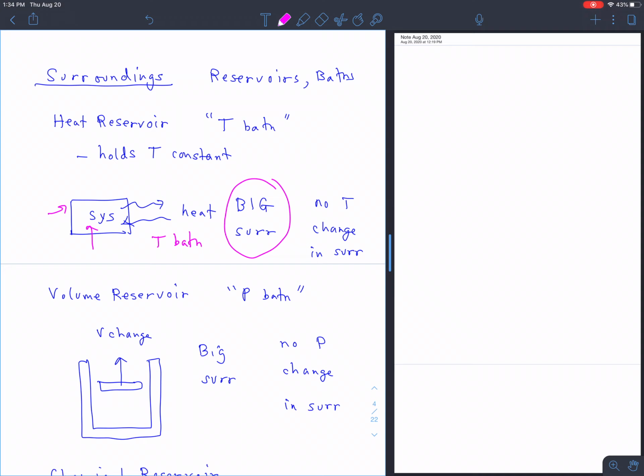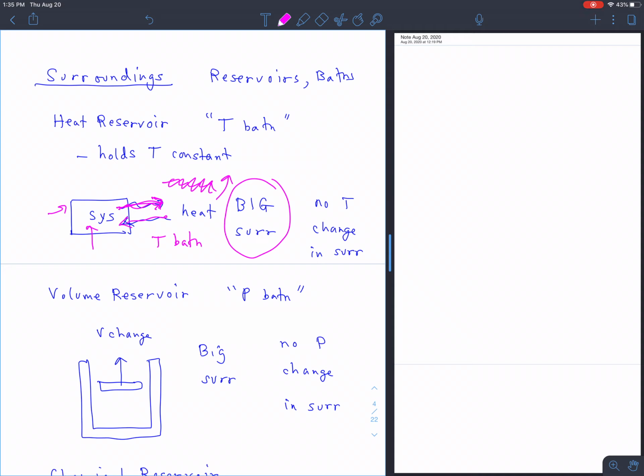And in that case, if it's big like that, then no matter how much heat flows out or flows in, when heat flows out, of course, you're taking energy out of the system and adding it to the surroundings out here. If the surroundings weren't huge, if they were similar in size to the system, then that would cause a temperature rise out in the surroundings.